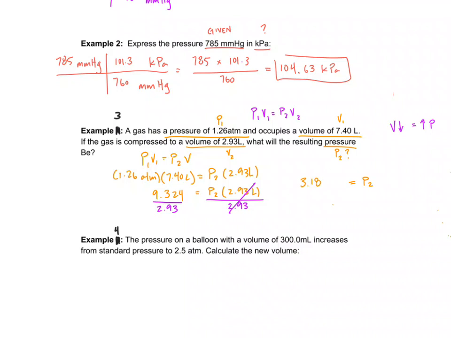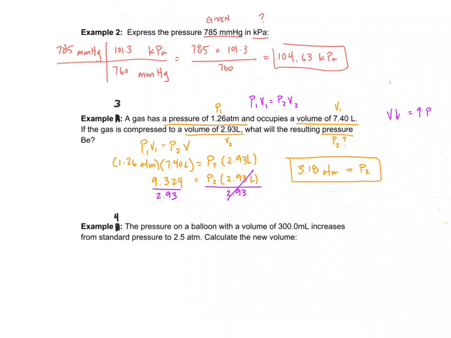And my units for pressure are atmospheres. So just like we mentioned, if the volume is decreasing, going from 7.4 to 2.93, based off of the relationship in Boyle's law, that means my pressure has to increase. So it has to be greater than 1.26, and 3.18 is certainly greater than 1.26.